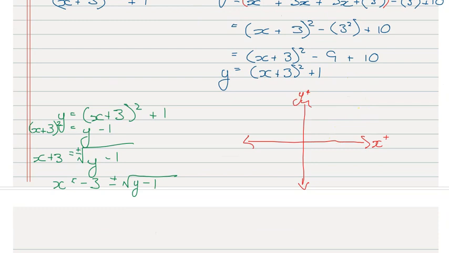So it would be written like negative, negative 3. And what that will look like is the vertex will be there and go upwards like that. Now I got my scale not very great here, but the vertex itself will be at negative 3 and positive 1. So this form we get into from completing the square actually makes it really easy to graph parabolas.